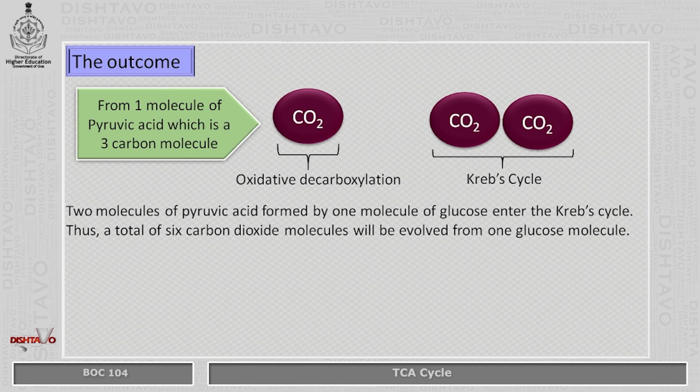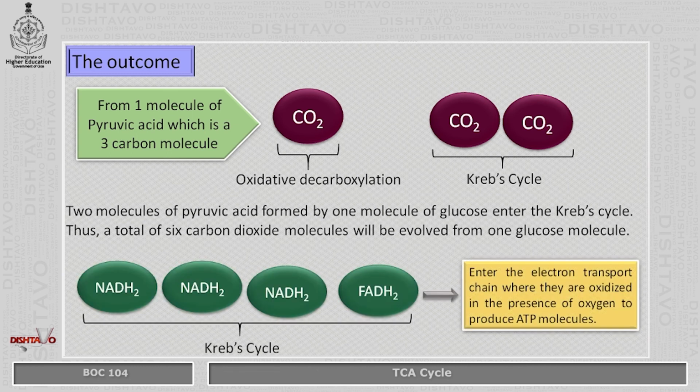Looking at the other byproducts, we get NADH2 molecules and 1 FADH2 molecule. These products from the Krebs cycle enter the electron transport chain, wherein they are oxidized in the presence of oxygen to produce energy, that is ATP molecules.